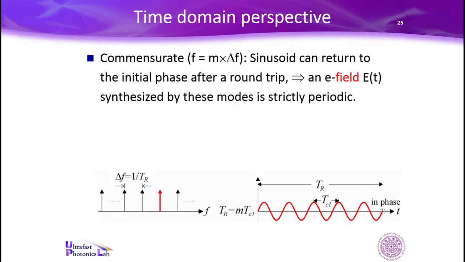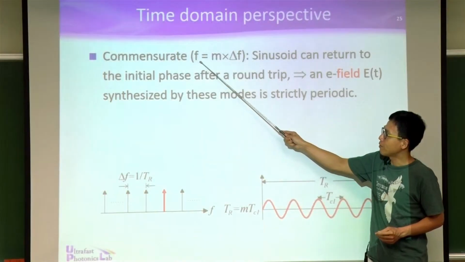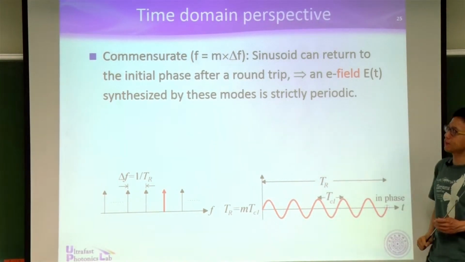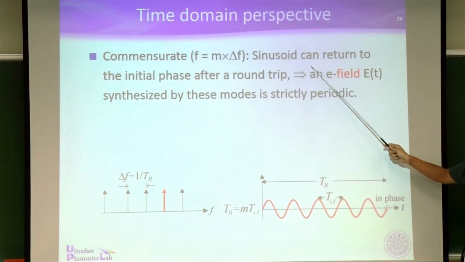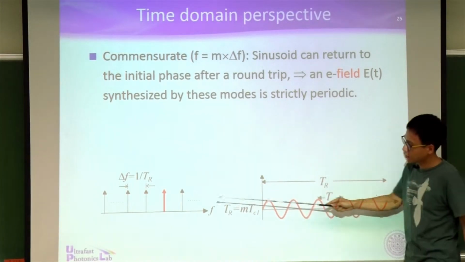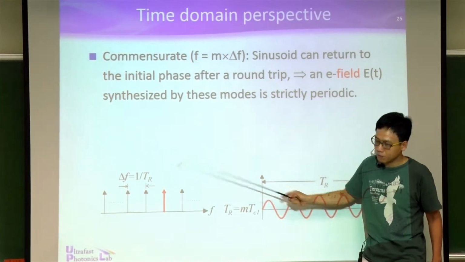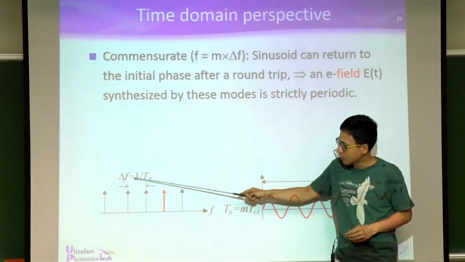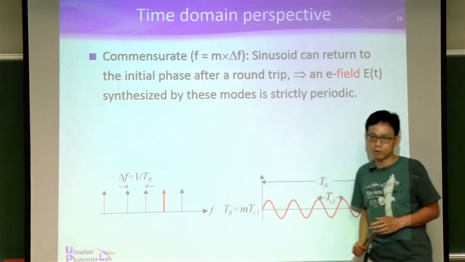So I want to show you some more details about commensurate. Okay? But let's take a time domain perspective. Commensurate means frequencies f has to be integral multiple of some mode spacing. So just like this figure, say we pick up one specific frequency f, which is integral multiple of delta f.